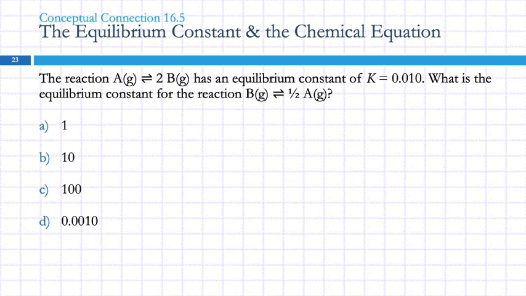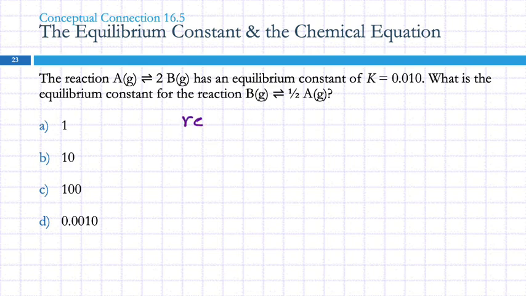Okay, let's look at this one. So the reaction A going to 2B has an equilibrium constant of K equals 0.010. What's the equilibrium constant for the reaction B going to 1/2 A? What we're looking for is, how was the chemical equation changed? What happened to it? It got reversed, right?